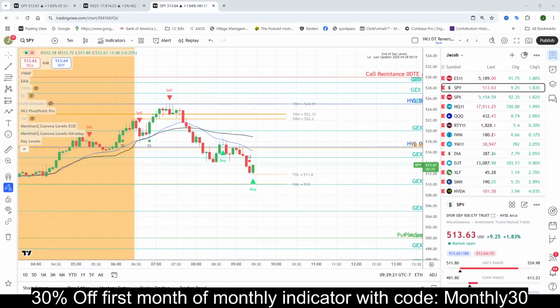Engulfing this candle is good if we can stay above it. There we go. Keep going, almost there. All right, close half for 405 right there.